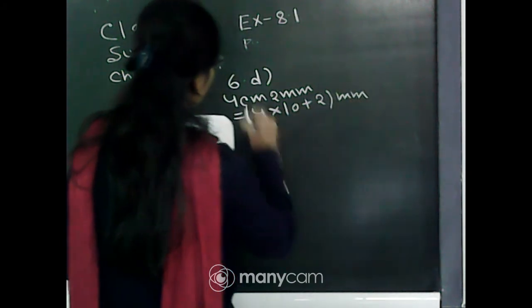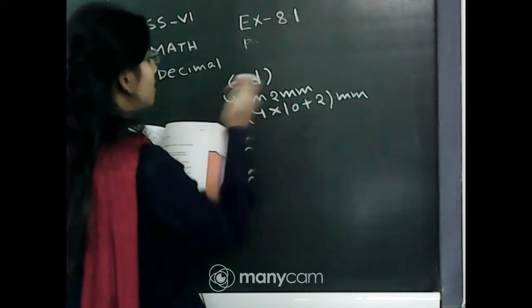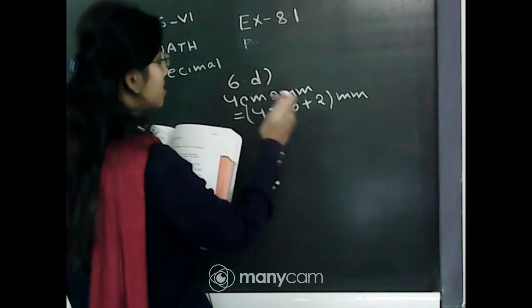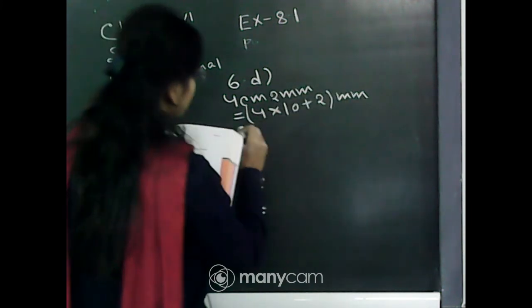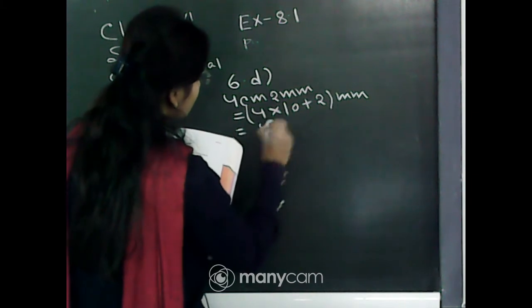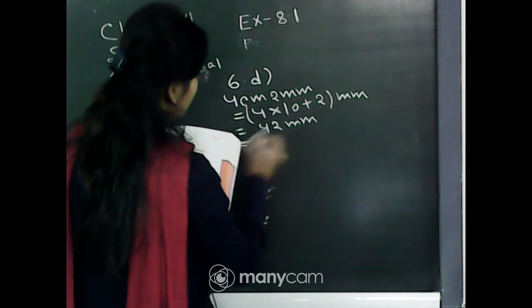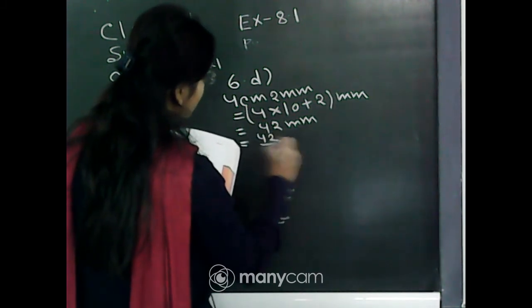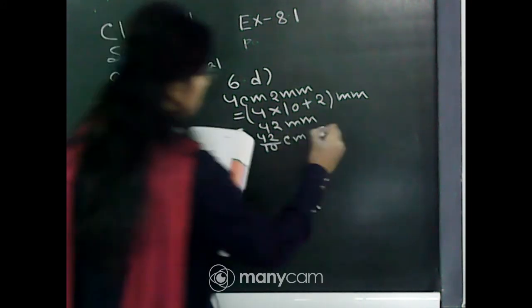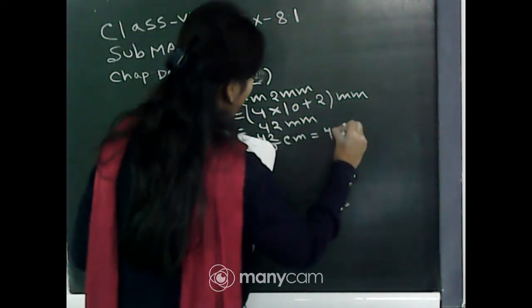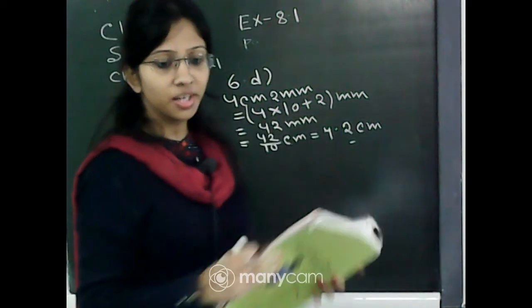Since 1 cm is equal to 10 mm, therefore, 4 cm is equal to 4 cross 10 mm and plus 2 mm. Therefore, this is equal to 42 mm. Therefore, this is equal to 42 divided by 10 cm. This is equal to 4.2 cm. Clear? Up to this portion, any problem?